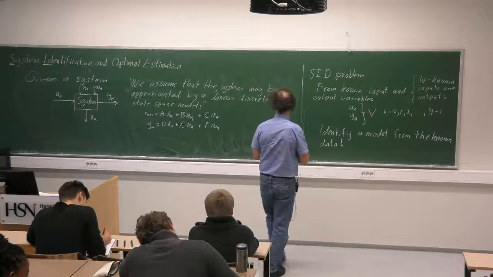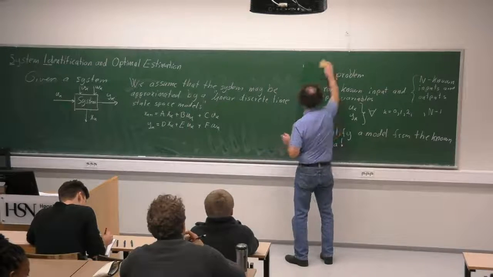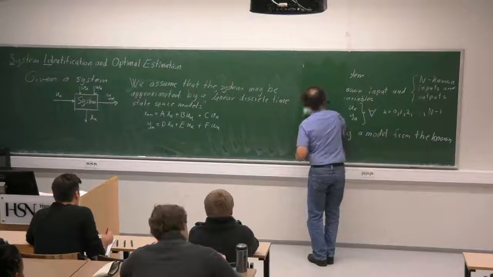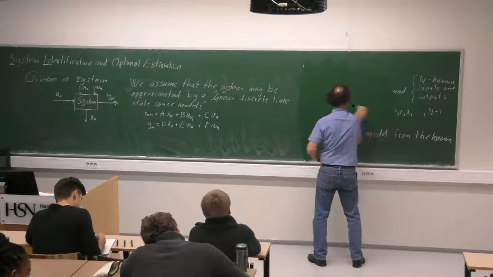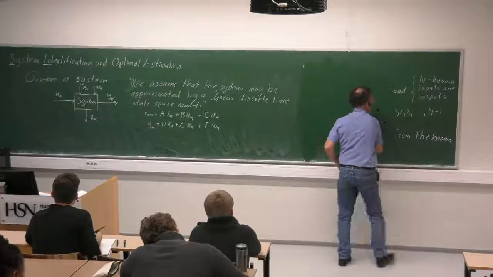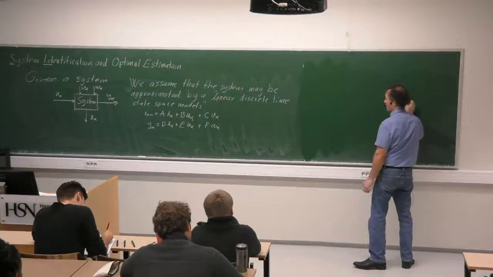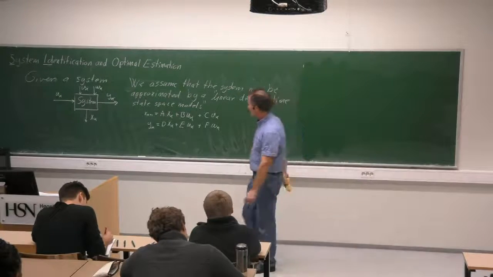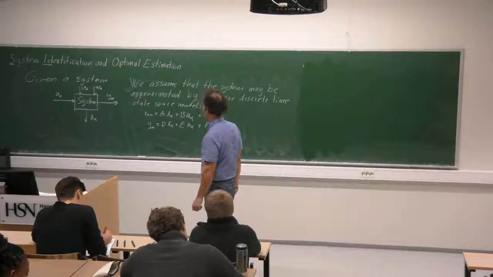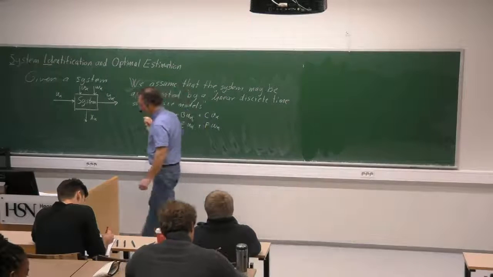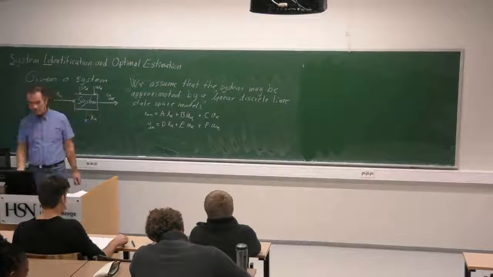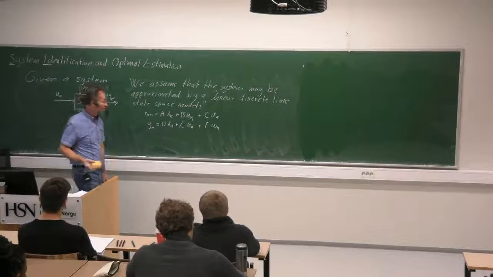Now we can define our problem in more detail. Now we have specified a structure for this system, a model structure. You see, those noise processes will be treated in more detail later on.